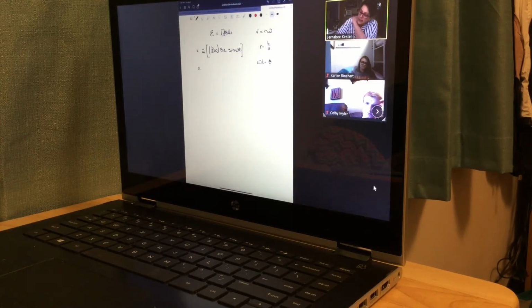My little a times the little b is the area of my loop, so my 2's will cancel. My little a and my little b are the area. And then I will have the rotation rate, the magnetic field, sine omega t.